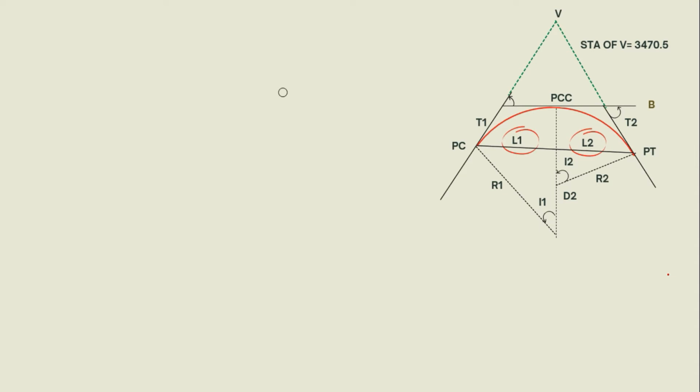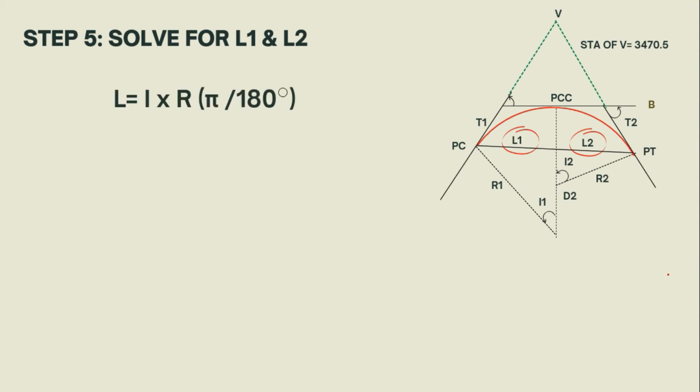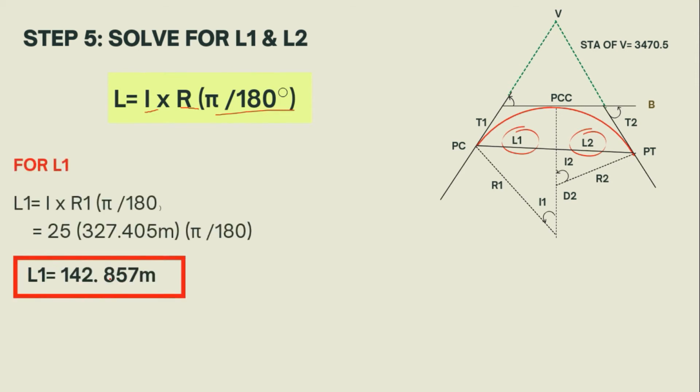The next step for this problem is to solve for L1 and L2. In solving L1, we already have a formula taken from the simple curve discussion. In getting L, we just use the central angle times the radius times pi over 180 degrees. For L1, substitute the central angle of the first curve and the R1, which we computed a while ago.